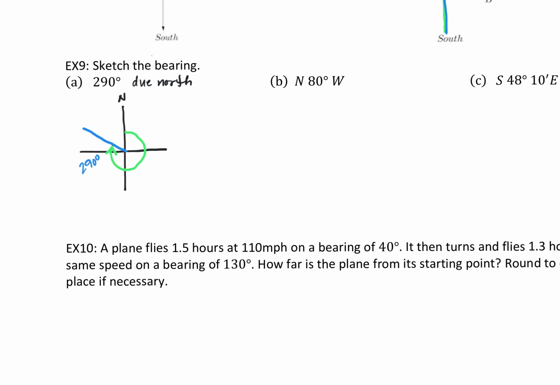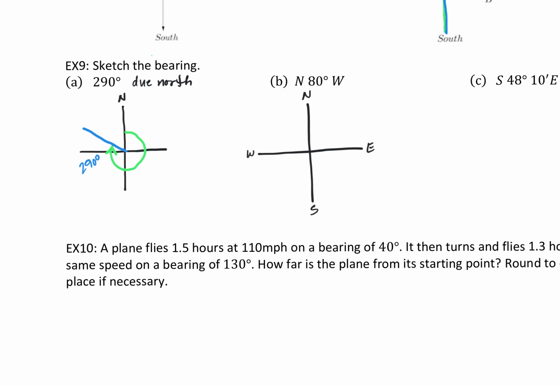In part B, I see an N and a W, so that tells me I'm going to use the north-south line. Again, draw my cross. I have north, south, east, and west.